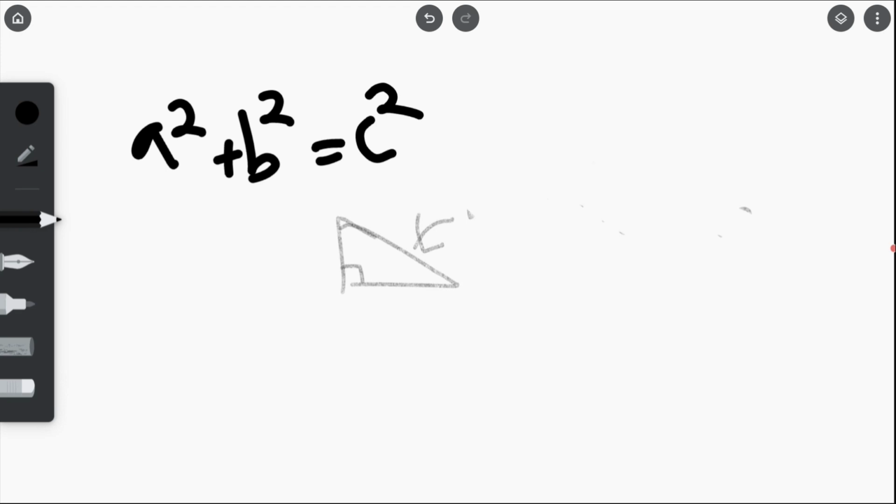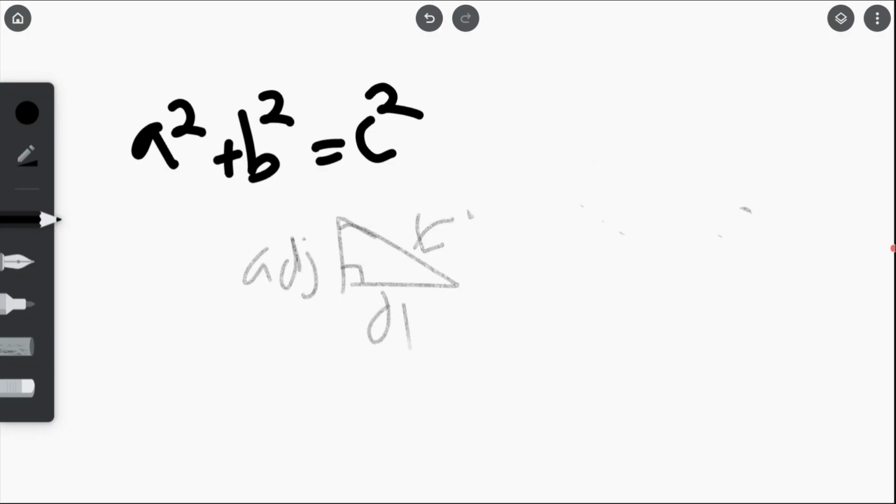Then there's the adjacent, which, if you guys know what adjacent means, that should be pretty straightforward for you, because adjacent just means it's right next to it.